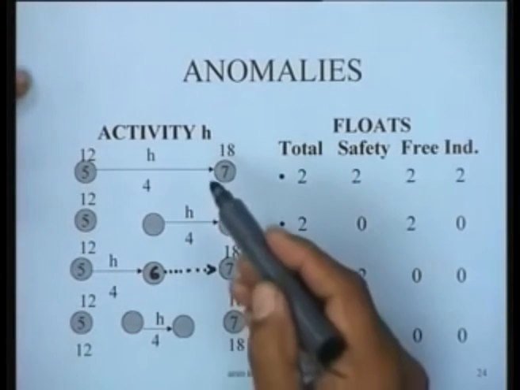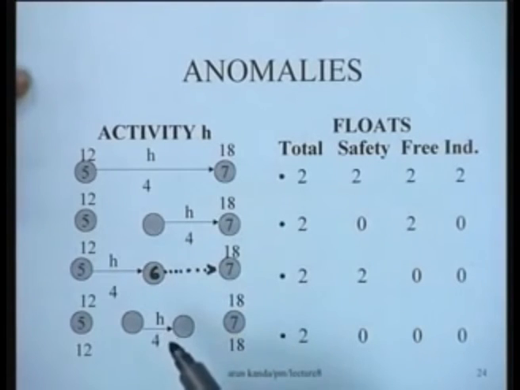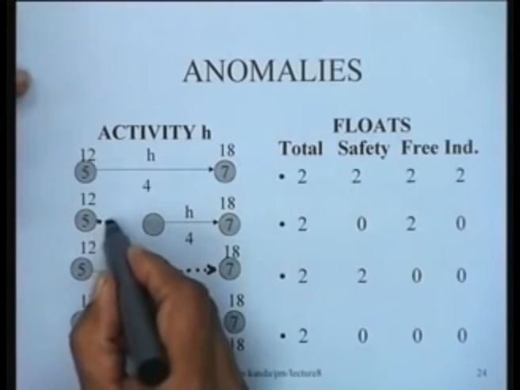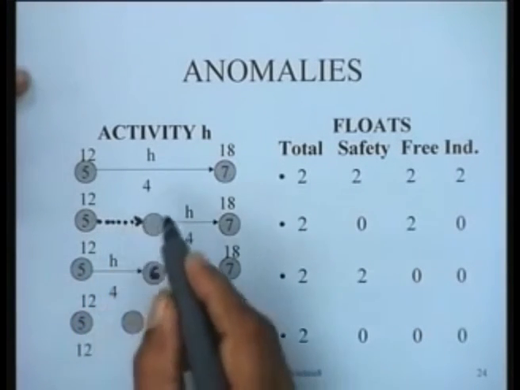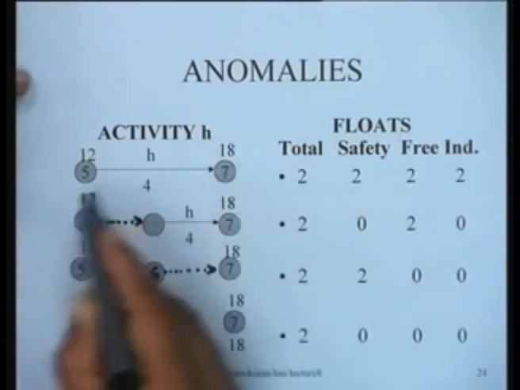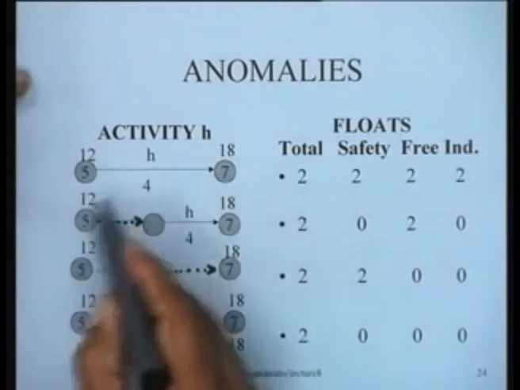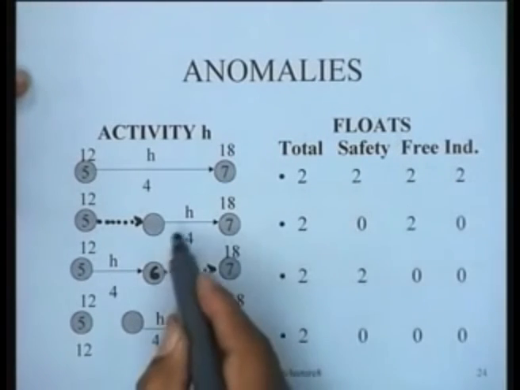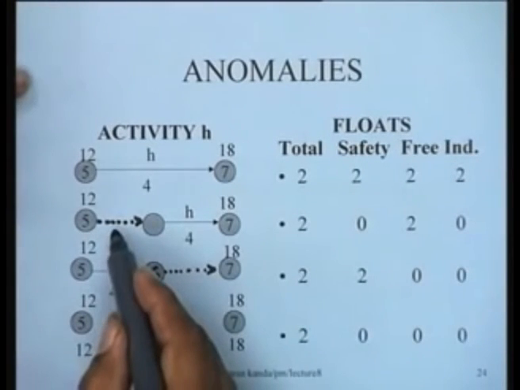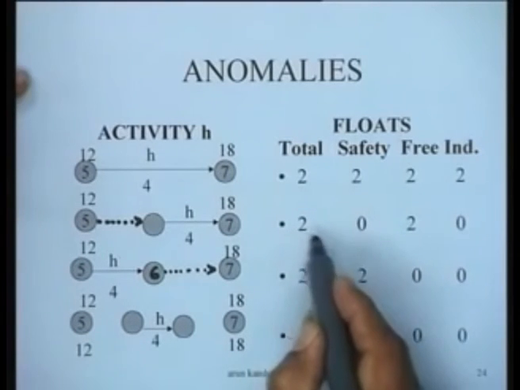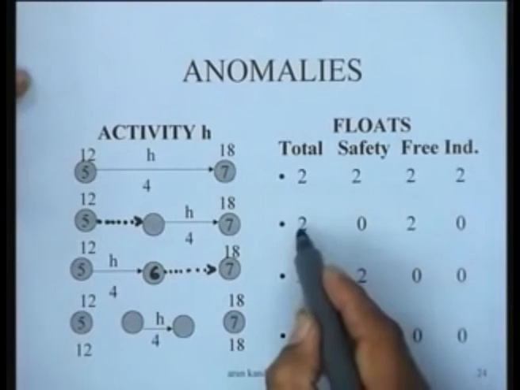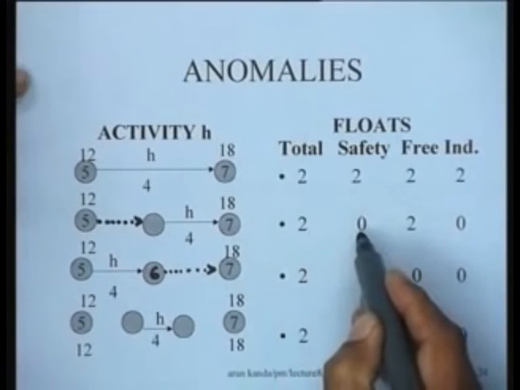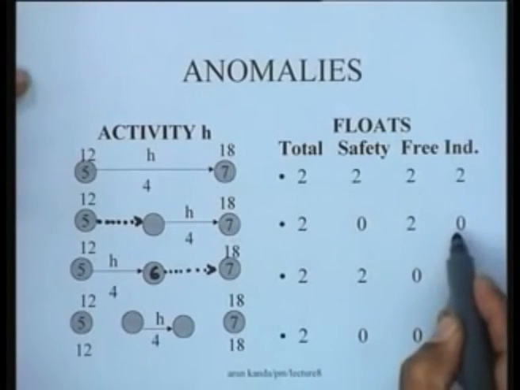Now, what I want to share with you here is that depending upon the placement of the dummy, if H was a single activity without a dummy, then these would be the node times, and all the floats would be equal. If H was preceded by a dummy, you find that the total float is 2, the safety is 0, the free is 2 and the independent is 0.